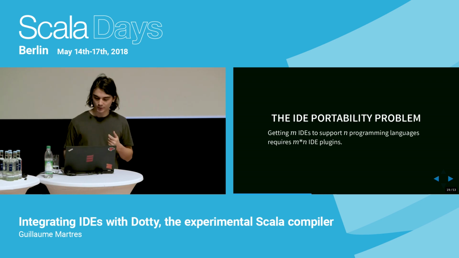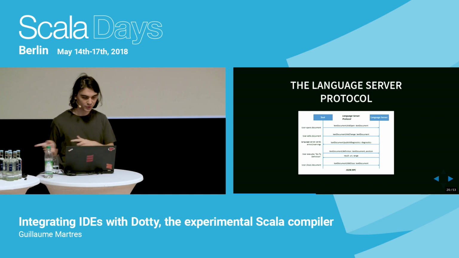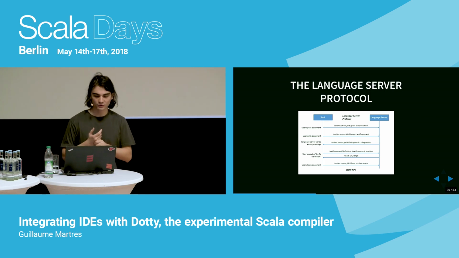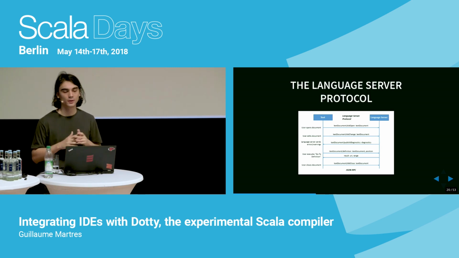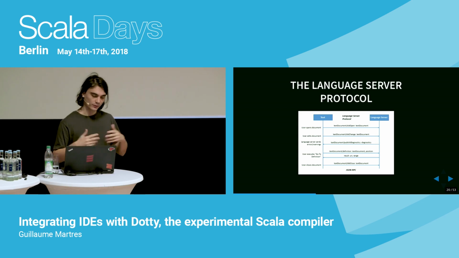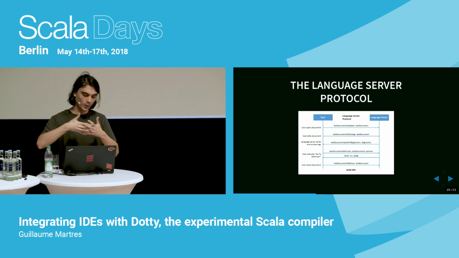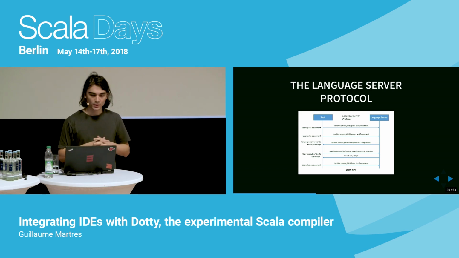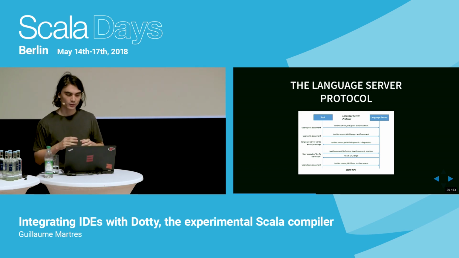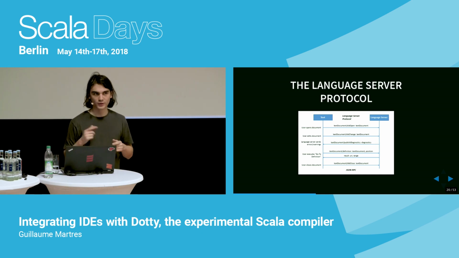So how do we fix that? Well, you might also have heard of that in a previous talk, but there's this thing called the language server protocol. And the idea is, instead of tightly coupling an IDE and a compiler, you can instead make a protocol so that IDEs and compilers can talk to each other.